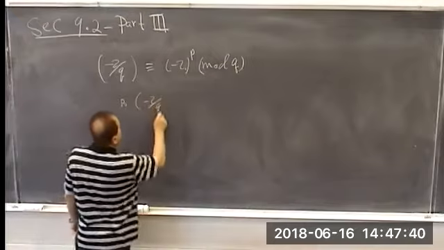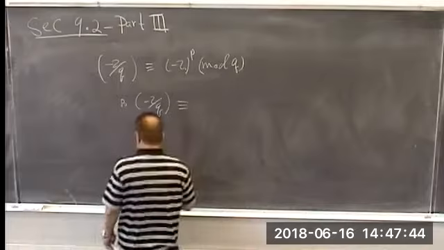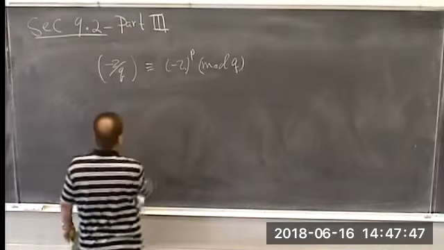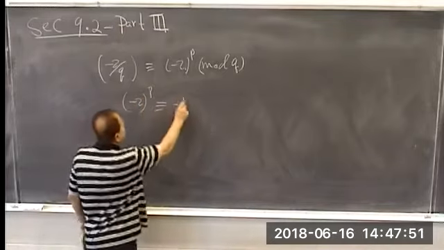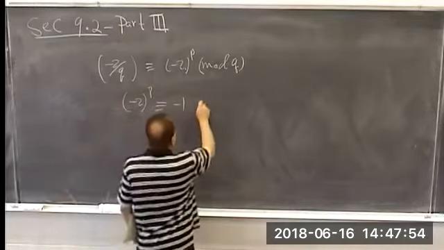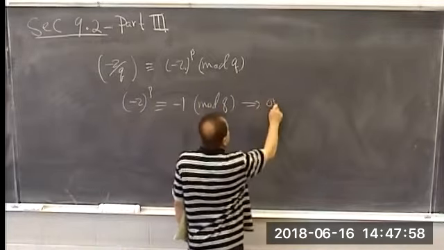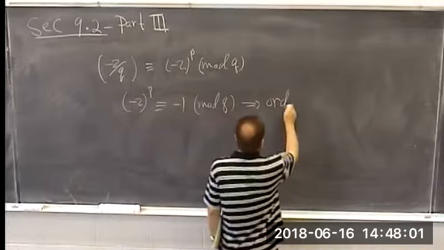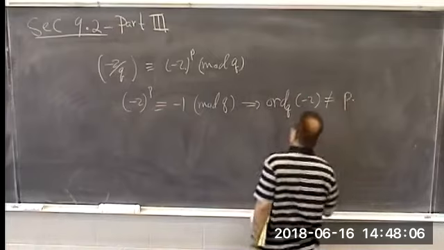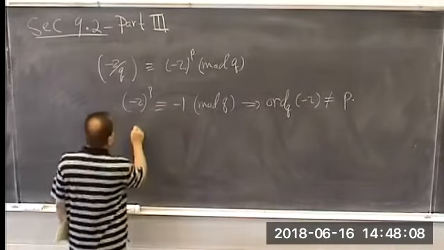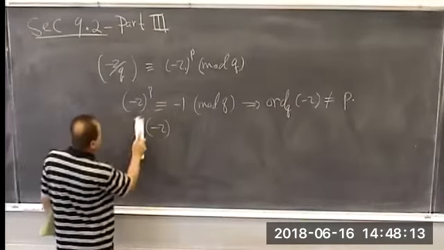negative 2 to the p is going to be congruent to negative 1 mod q, and which makes the order of negative 2 cannot equal p. So we ended up with one possibility for the order.